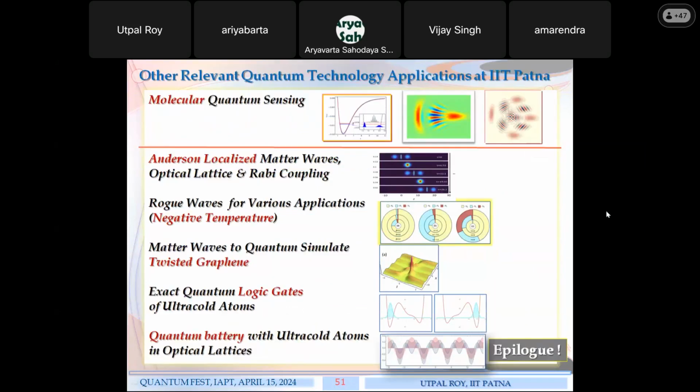So there are more directions: molecular sensing, as I said, and then Rabi coupling, optical lattices, then negative absolute temperature, which we have worked on extensively, then a quantum model of twisted graphene simulation, then ultracold atom logic gates.